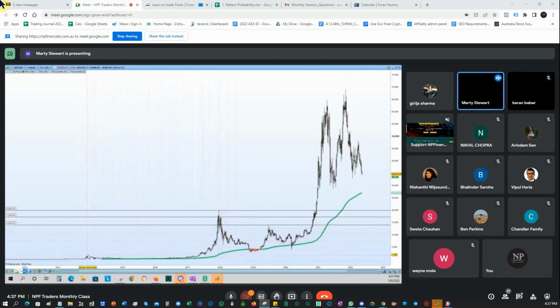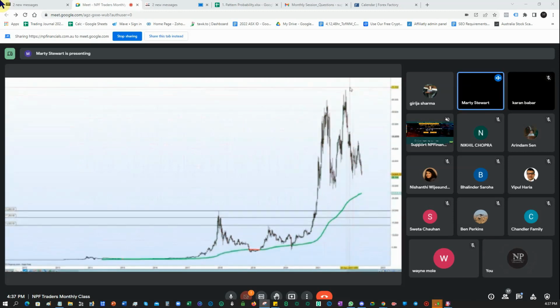So between here, it's 1, 2, 3, 4, and right up the top, we've got a 5. Up here, we have a 1, a 2, a 3, a 4, and a 5. Generally, after each 5, you'll see an A, a B, and a C. Right now, we have an A, a B, and a possible C down here.